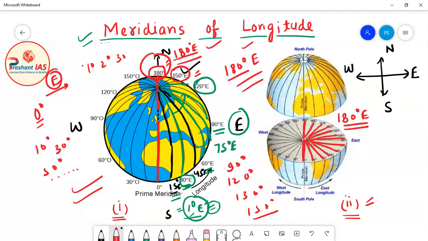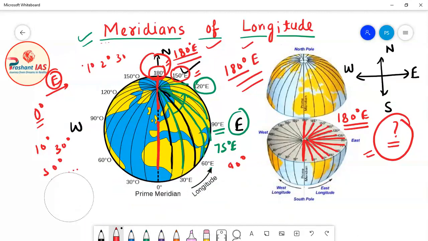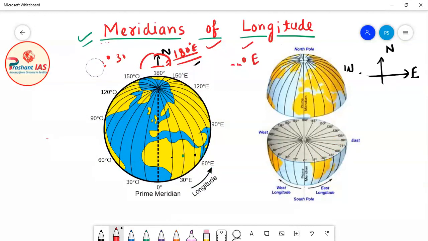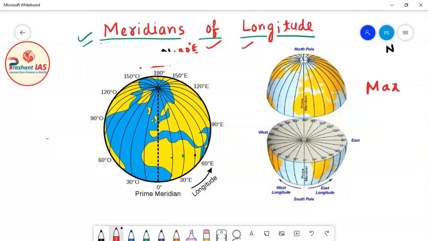Now my question is, what conclusion can you draw from this entire story which I have recited to you? You can say that, sir, if we are drawing meridians of longitude to the east of prime meridian, then we can draw a maximum of 180 degree meridians of longitude to the east of prime meridian.